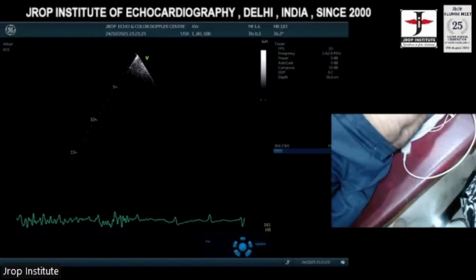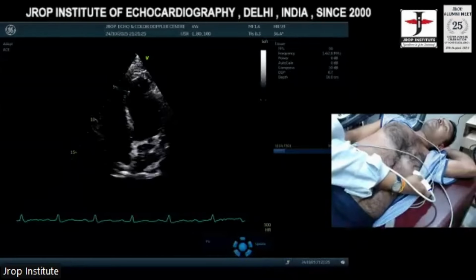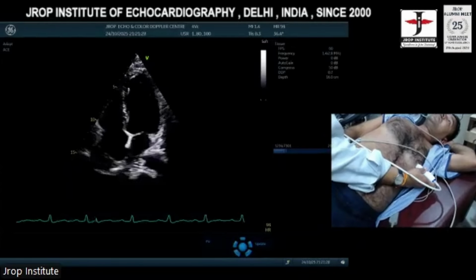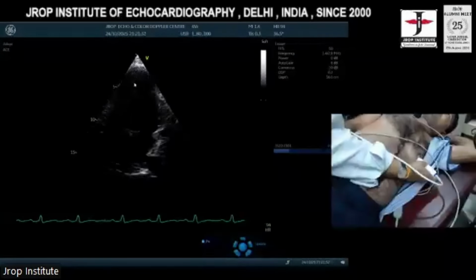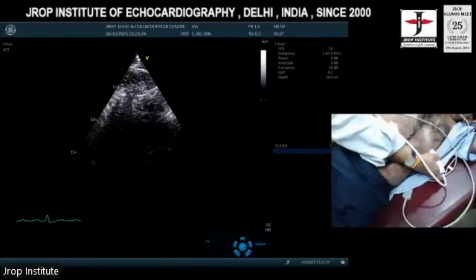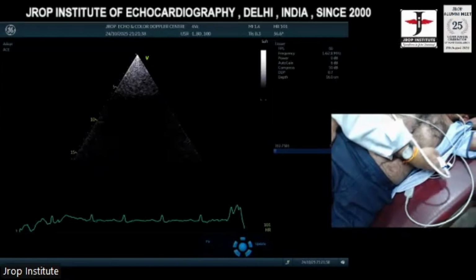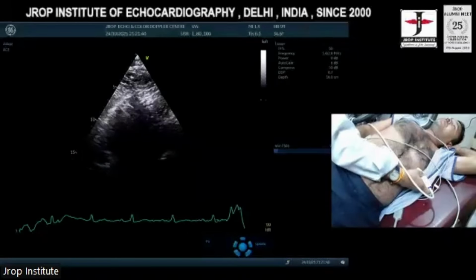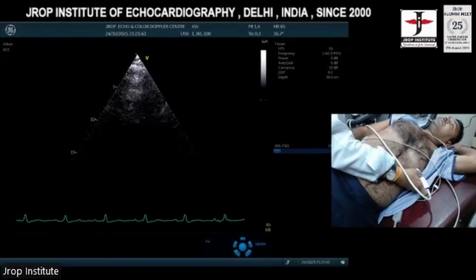Apical window first. Look at this, this is your apical window. You say your apex is not visible, correct? So the answer is to go a space down. Instead of the 5th intercostal space, go to the 6th intercostal space. Ask the patient to take a deep breath.